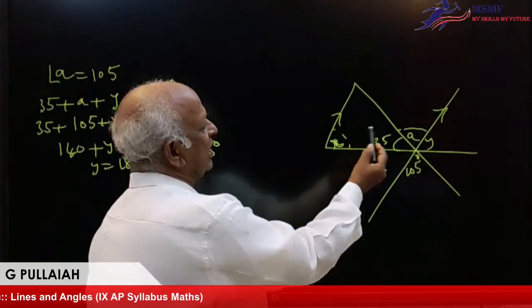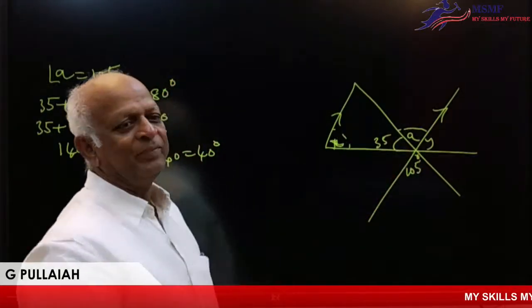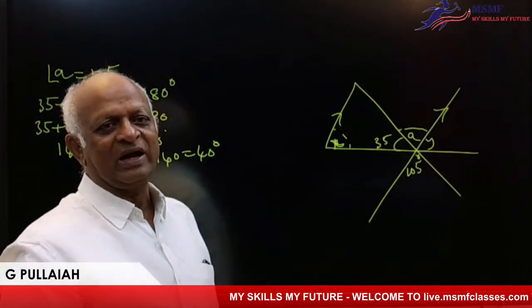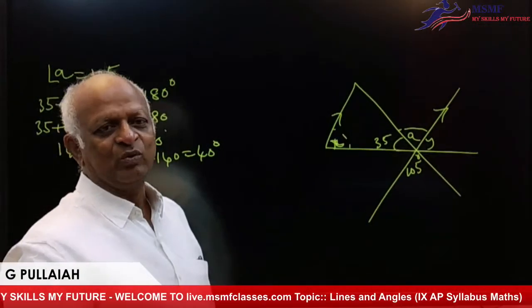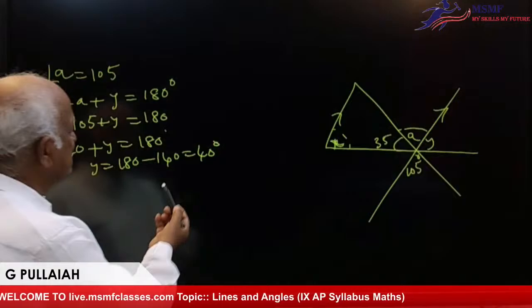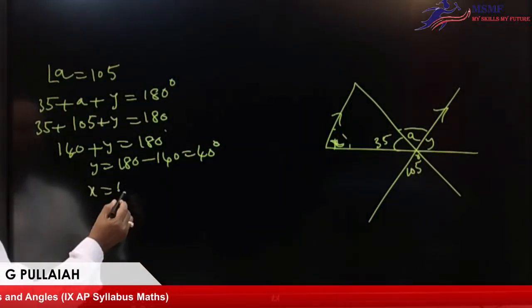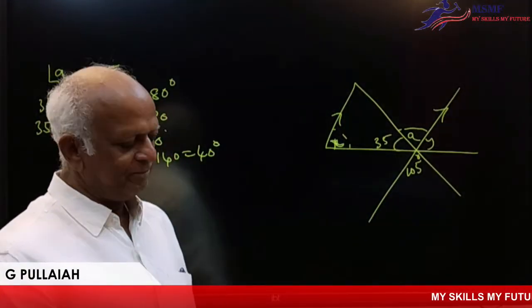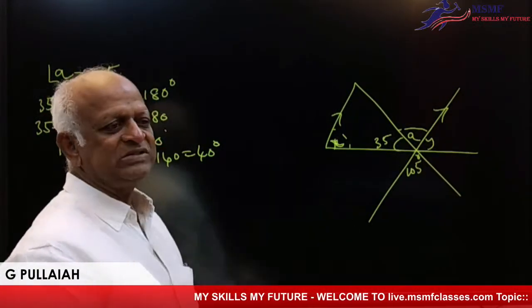Arrow-headed lines are parallels, so we can say X and Y are the corresponding angles, and X is equal to Y. Here we got Y is equal to 40 degrees. Therefore, you can say X is also equal to 40 degrees. Clear?